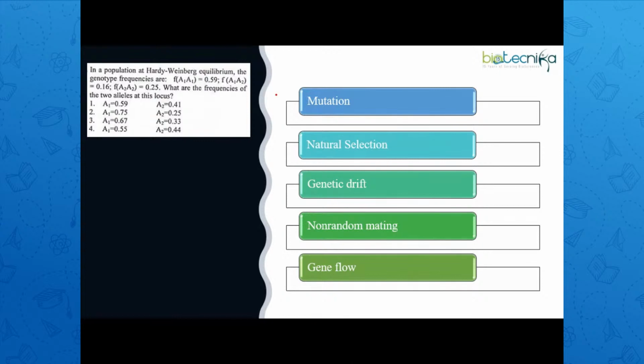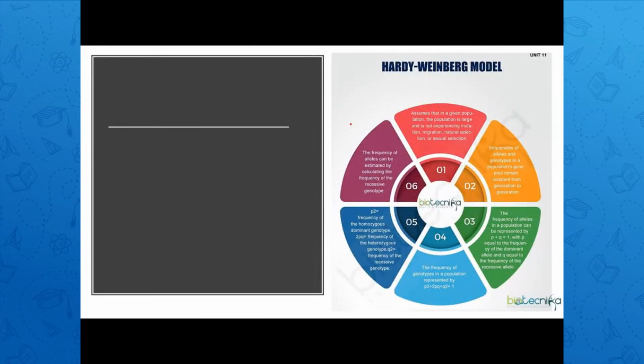Why are they called disturbing elements? Because they are bringing about a change in the frequency. So in absence of all these disturbing elements, all my genotypic frequency and allele frequency will remain constant in any population. That is Hardy-Weinberg equilibrium.